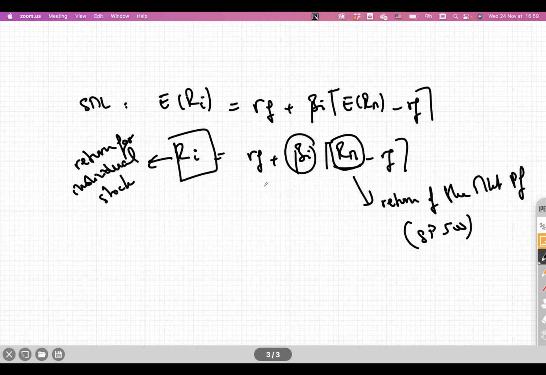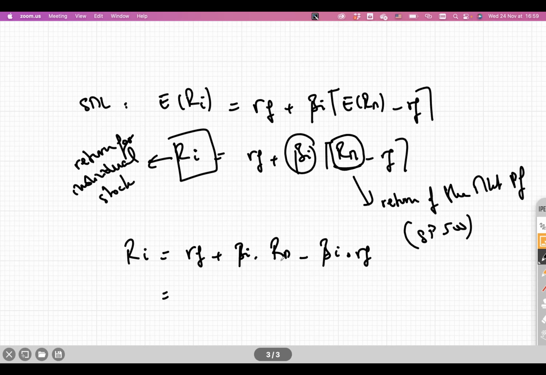If I want to develop this equation, we'll have RI is equal to RF plus beta I times RM minus beta I times RF, right? We want to develop this expression. As I told you, RF, beta I, and RF here are all constant, scalar numbers.